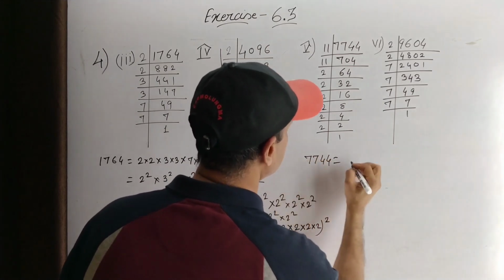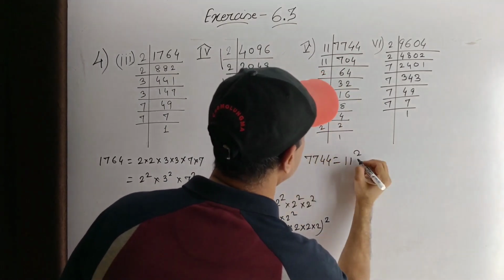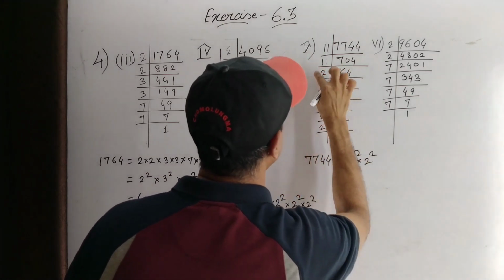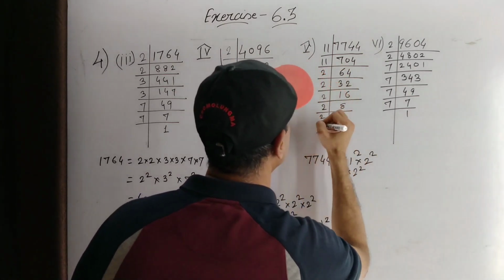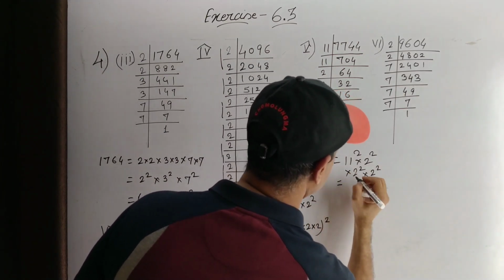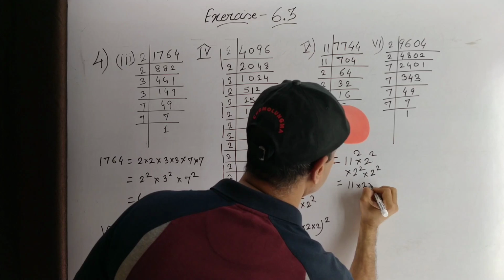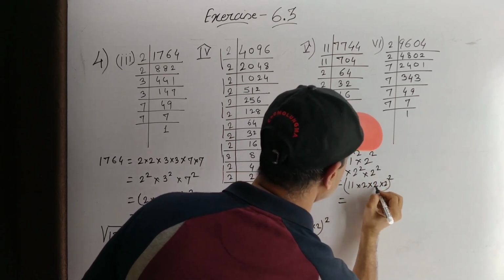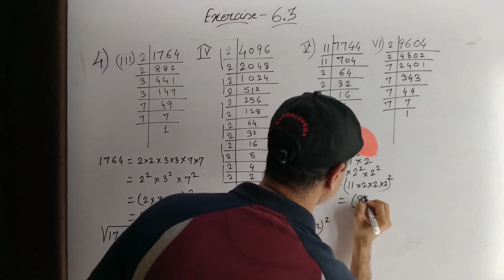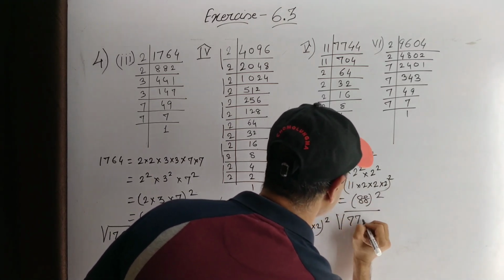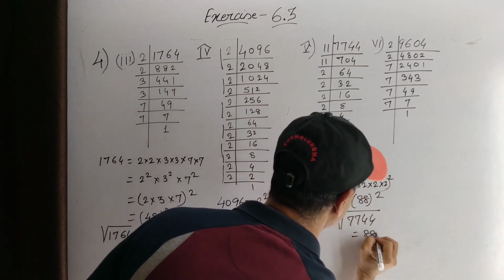In this case, we get 7744 is equal to 11 square into 2 square into 2 square into 2 square. So we get this as 11 into 2 into 2 into 2 whole square, which is 2 into 2, 4, into 8, and this is 88 whole square. So under root of 7744 is equal to 88.